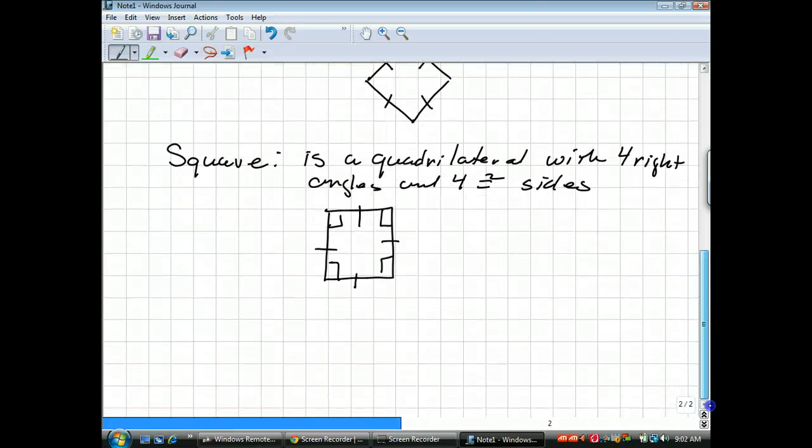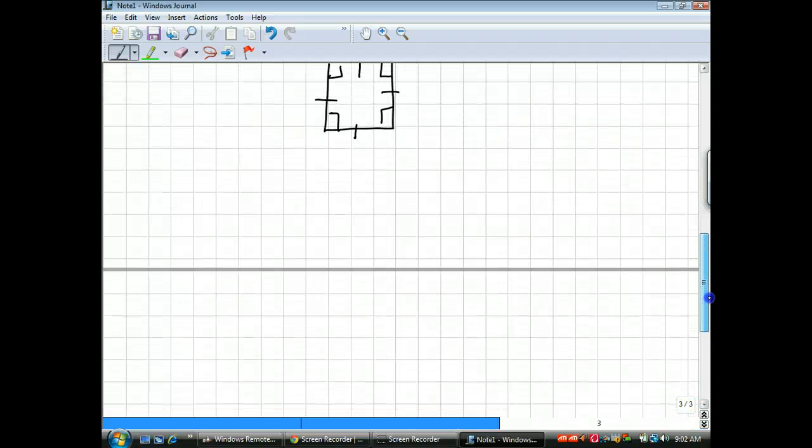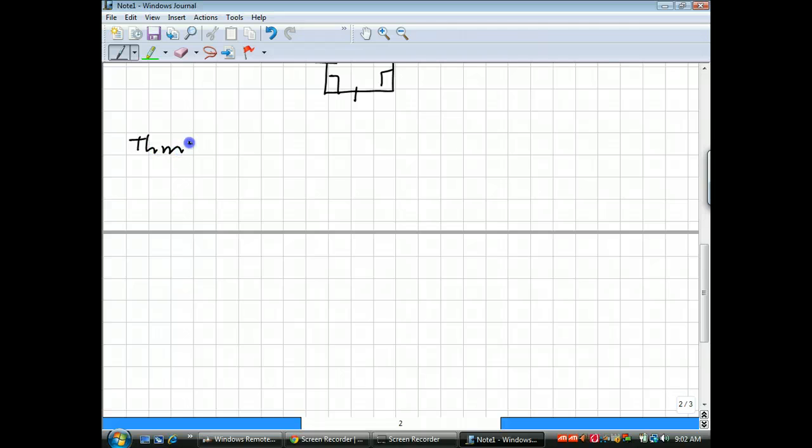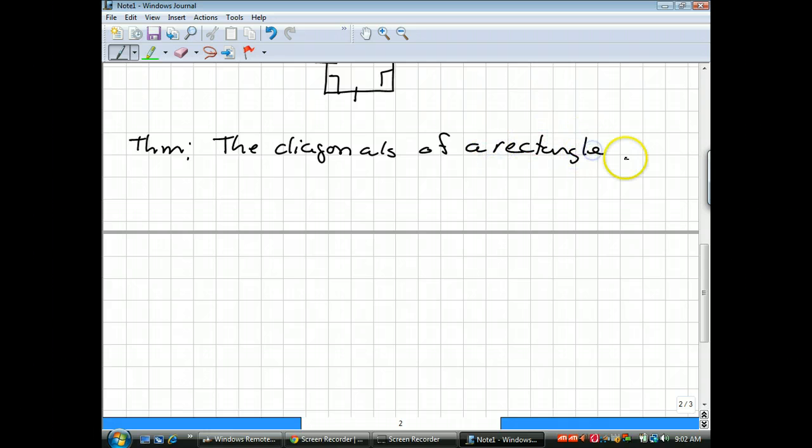All right, now let's look at some theorems that apply to these special figures. Theorem number 1 has to do with rectangles, and it says the diagonals of a rectangle are congruent.